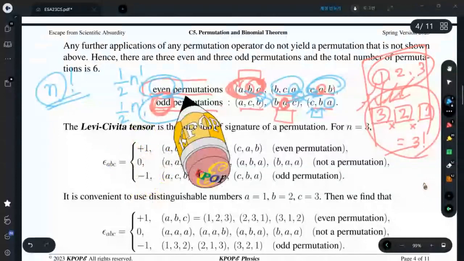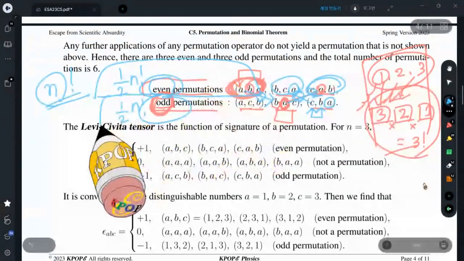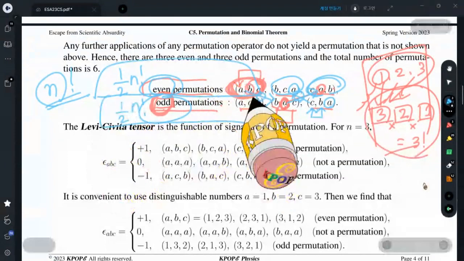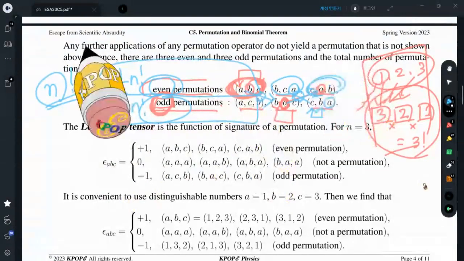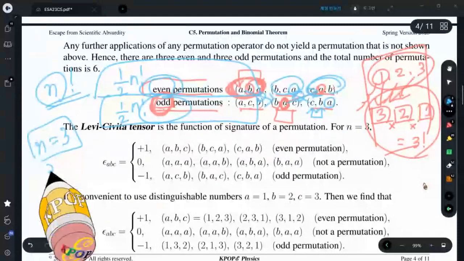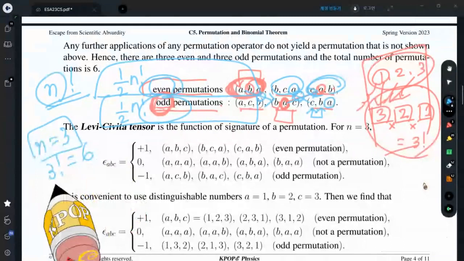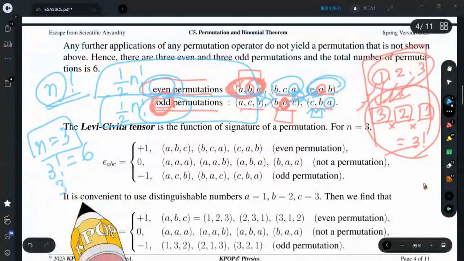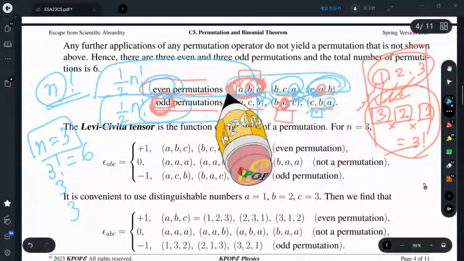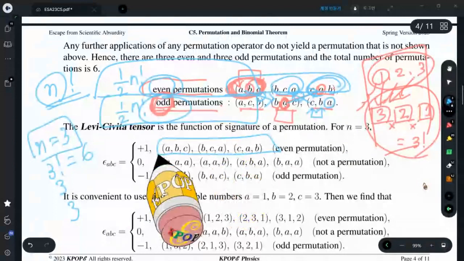These are even permutations, and these are odd permutations. Because we are considering n equals 3, we have 3 factorial equals 6 permutations. Among them, we have 3 even permutations and 3 odd permutations. These 3 permutations are called even permutations. These 3 are odd permutations.